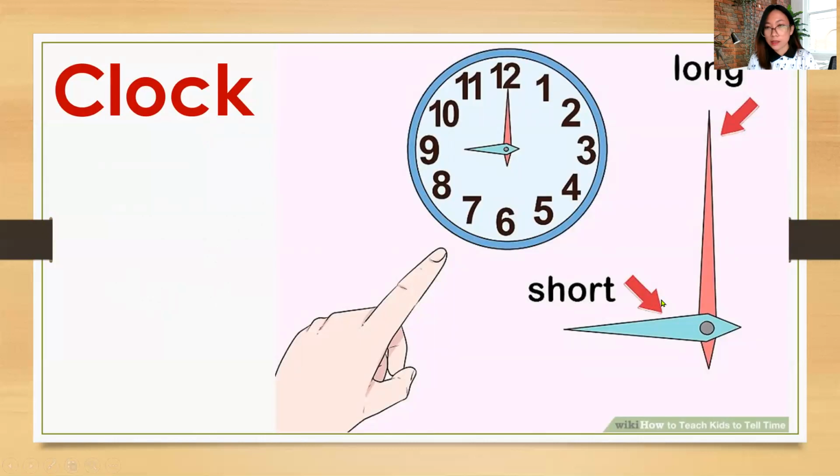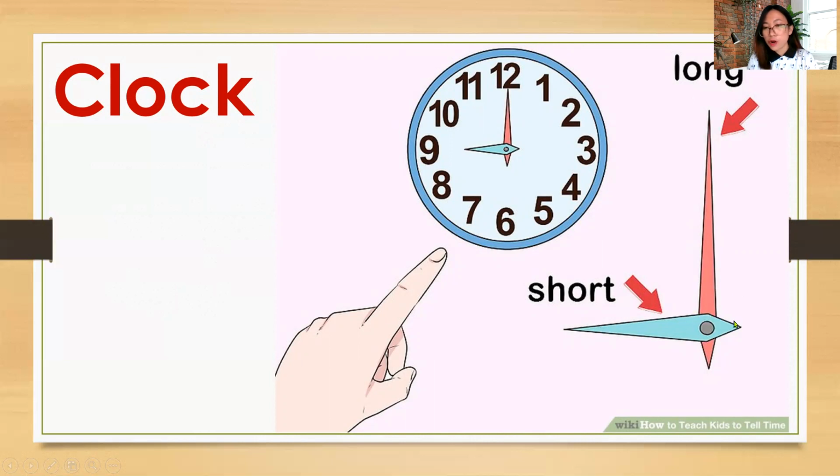The red hand is long. Now, let's determine what are the names of the short and long hands of the clock.